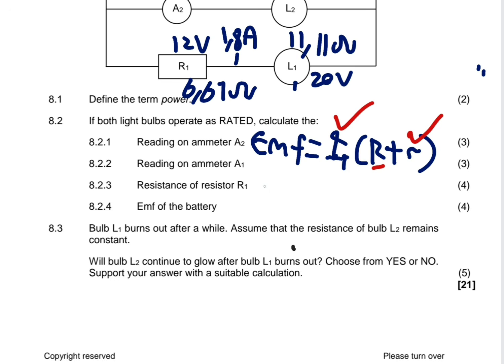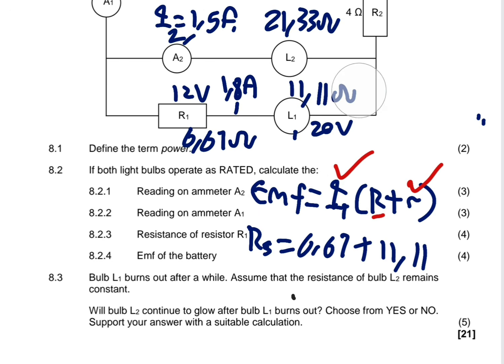So for resistance in series, it will be 6,67 plus 11,11, which will give us a combined value of 17,78 ohms.